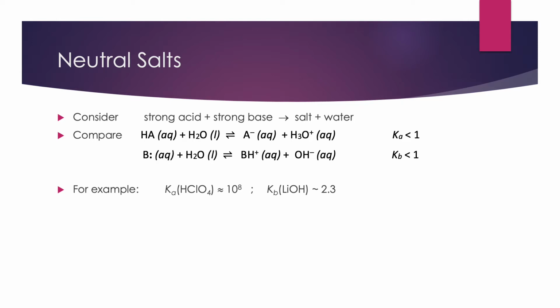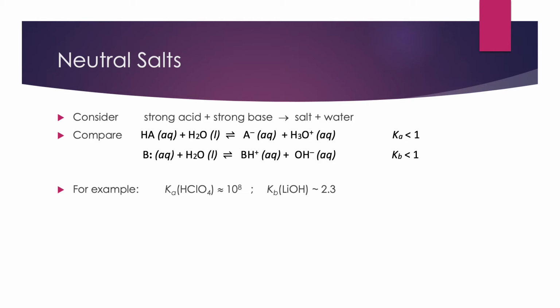We've already seen the combination of perchloric acid and lithium hydroxide. If I were using those in this strong acid, strong base combination, I would find that the Ka for HClO4 is 10 to the 8th. So in other words, if HA were perchloric acid combined in a water solution, then it goes very strongly to the right-hand side.